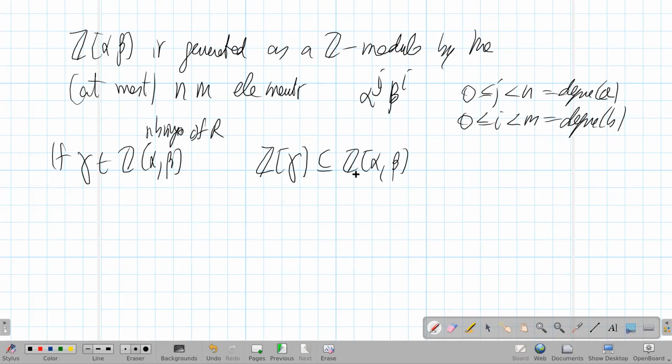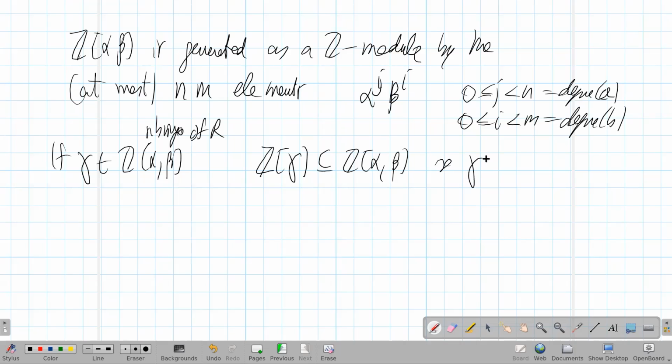And by the proposition that I recalled at the beginning of the lecture, this means that gamma is integral, because Z[gamma] is contained in a finitely generated Z-module.